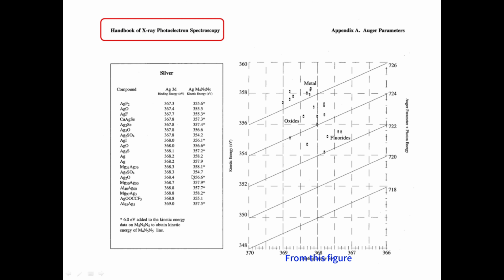From this figure, for pure silver it's generally around 358, while for oxidized silver it differs by about 2 electronvolts, around 356. Therefore, we can judge the chemical state by combining the Auger and the Auger parameter.